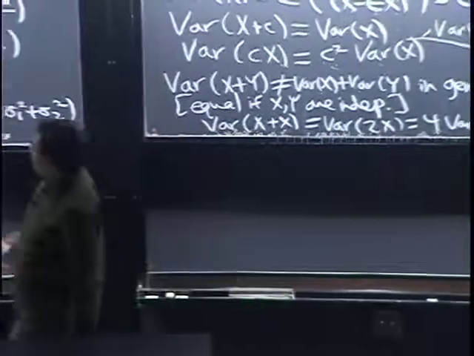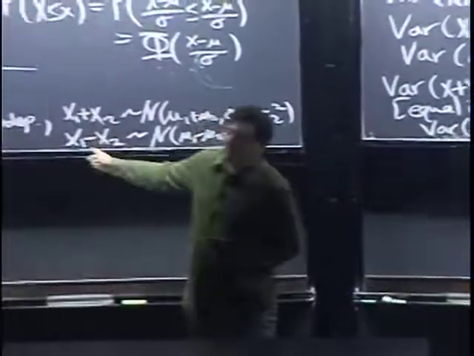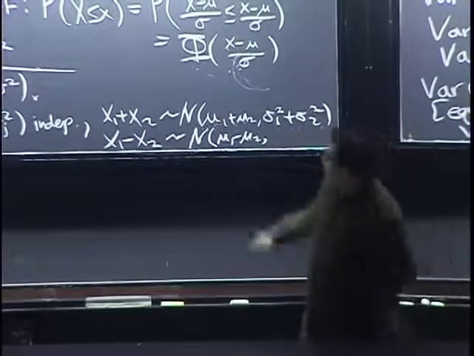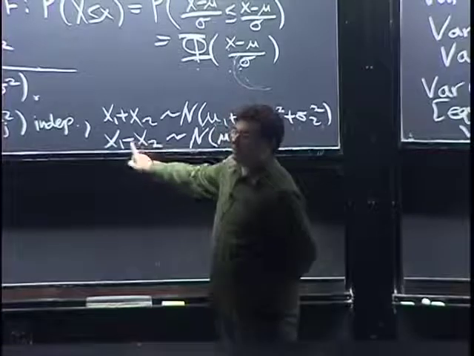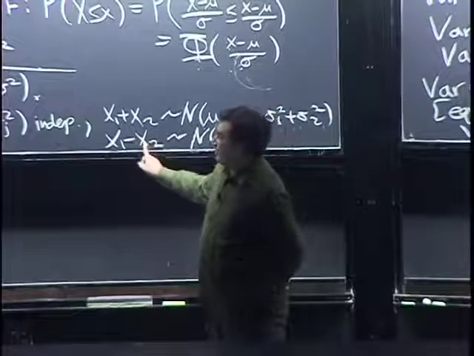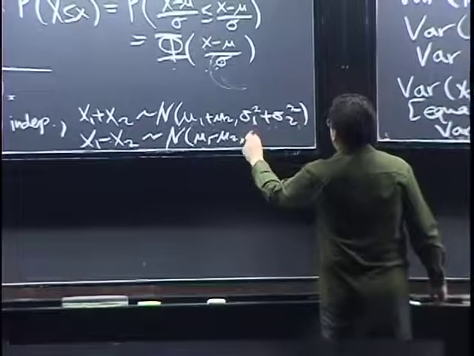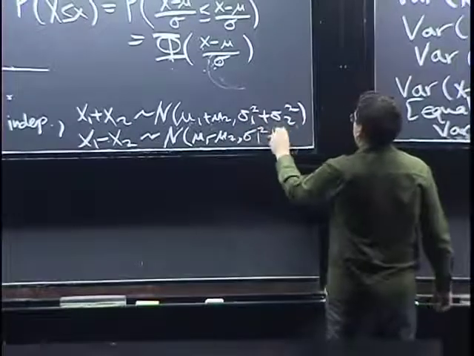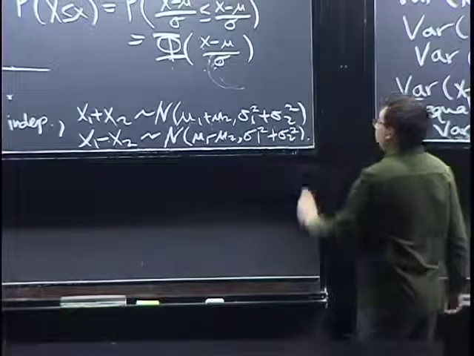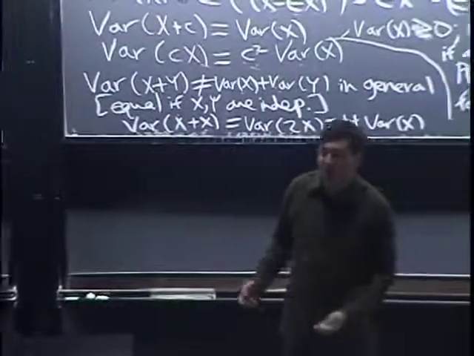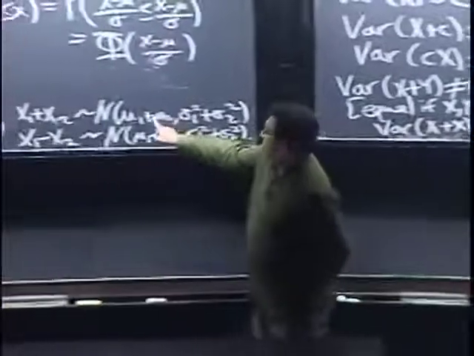And secondly, anytime you see subtraction, you can really think of that as adding the negative of something, right? So this is plus of minus x2. And minus x2 still has variance sigma 2 squared. So the variances still add. That's just a useful fact to keep in mind. We'll prove it later.